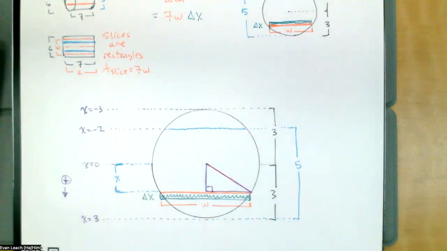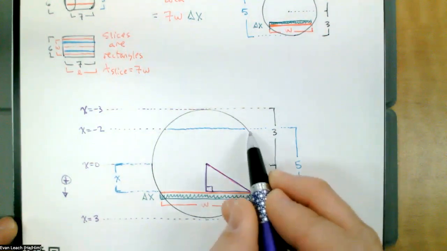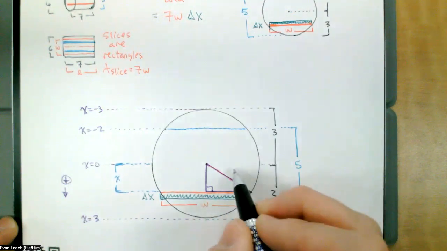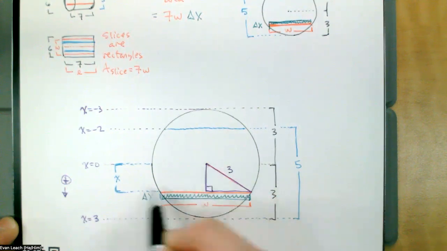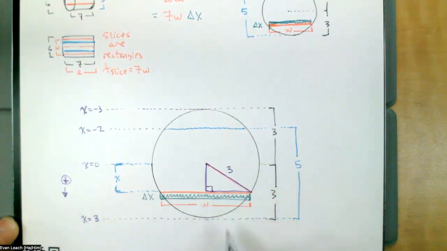The reason I want this right triangle is that it has X in it. It has not W, but half of a W. And it's got a nice constant hypotenuse. So in this triangle, the hypotenuse is always the radius of the circle, so the hypotenuse is 3. This vertical leg is X, and this horizontal leg is 1/2 of W.